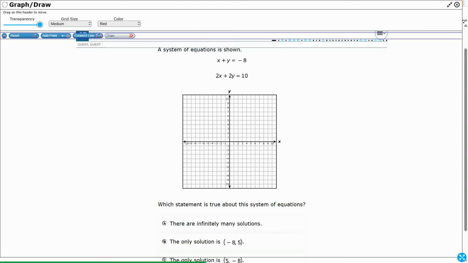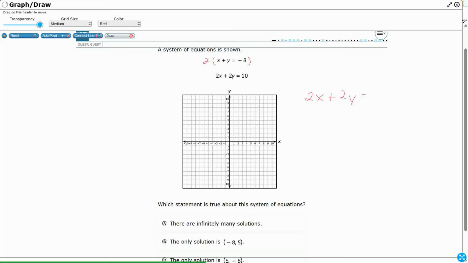What I want to do is I want to take this right here. I want to double this. And so I'm going to get 2x plus 2y equals negative 16. Okay. And then I'm going to get my 2x plus 2y equals 10. And then I'm just going to end up subtracting them, right?